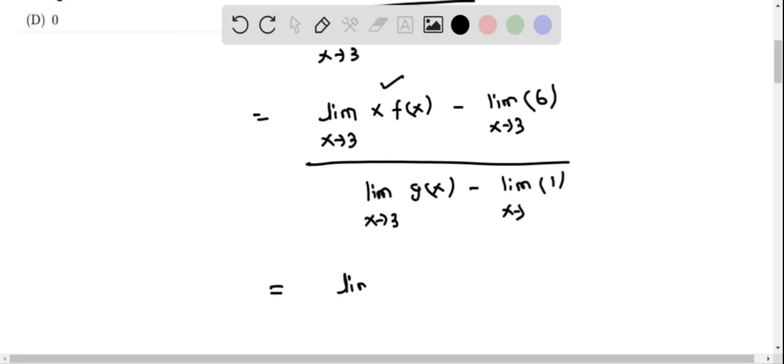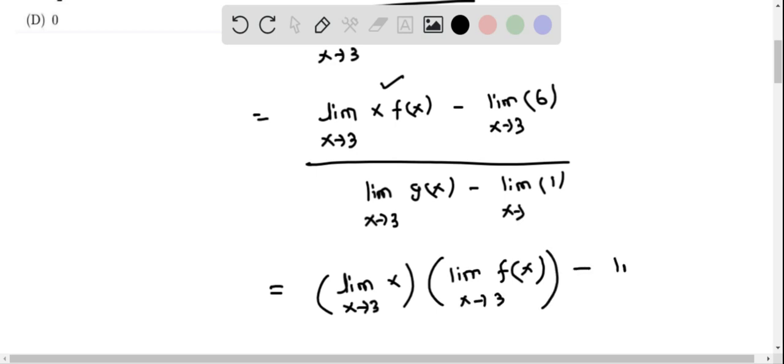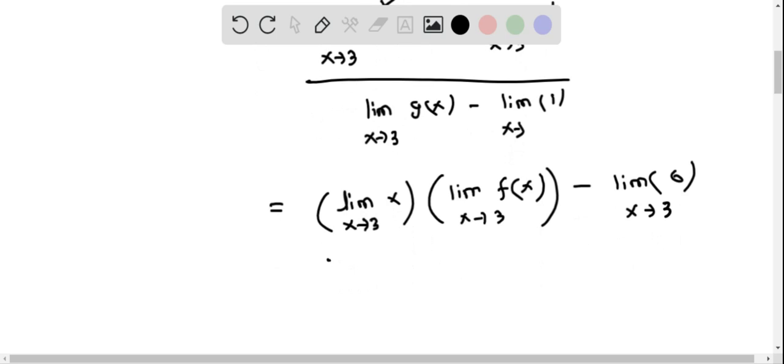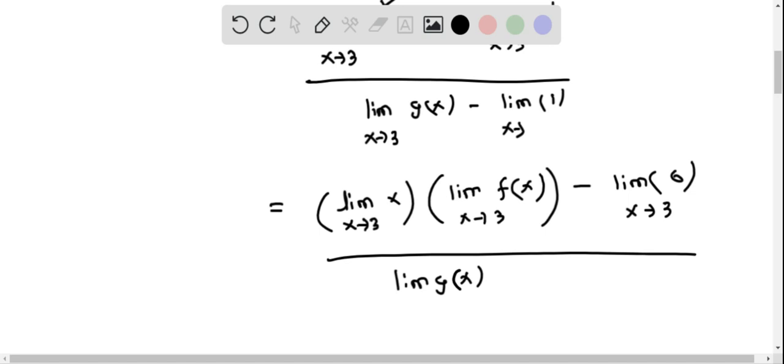So this expression can be written as the limit as x approaches 3 of x times the limit of f(x) as x approaches 3, and then we have the other expressions as they are: the limit as x approaches 3 of 6, over the limit of g(x) as x approaches 3 minus the limit of 1 as x approaches 3.